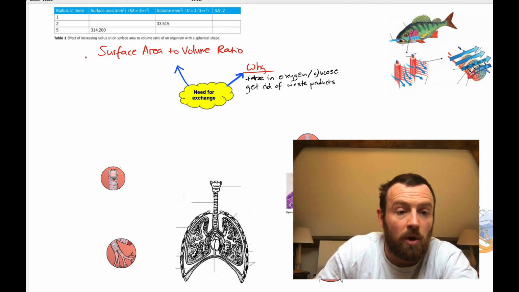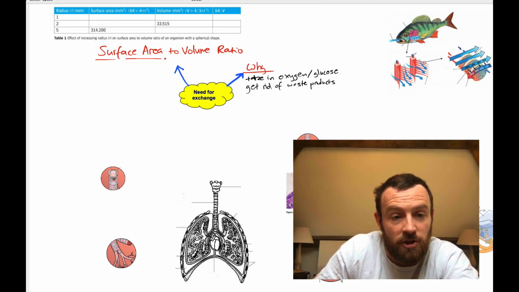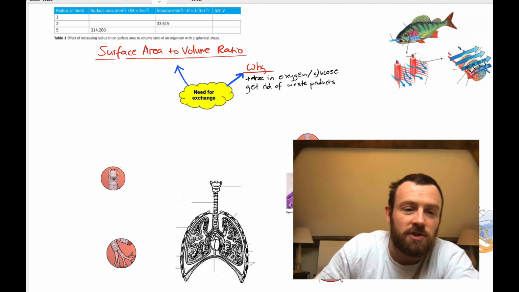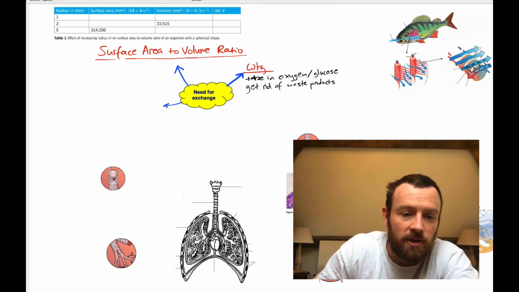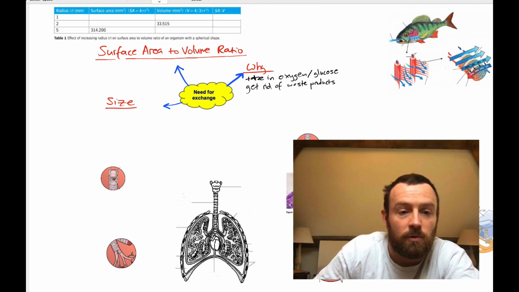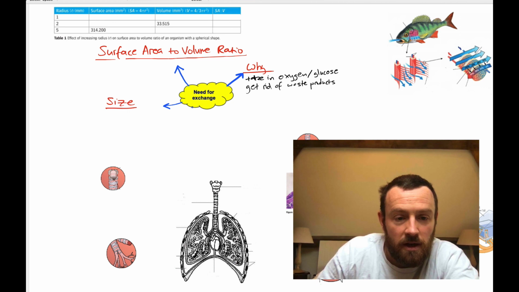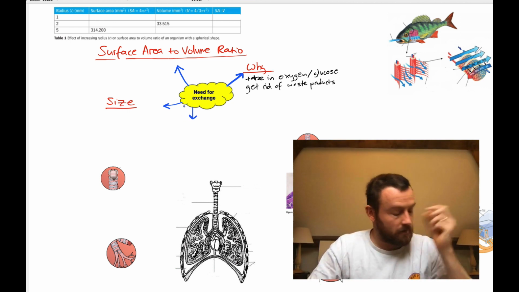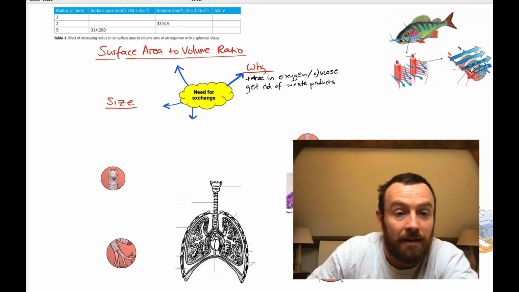So this little box up here, we're going to be talking about that, surface area to volume ratio. And an interrelated thing is size. And we're also going to be talking about metabolic activity, level of activity, let's call it, level of activity.